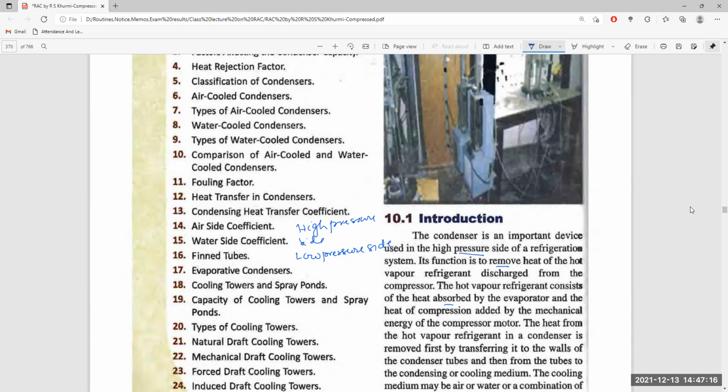So what happens here? At the time of evaporation, the refrigerant absorbs heat from the surroundings of the evaporator, thus reducing their temperature and increasing its own heat content. Hence, it is being compressed, and mechanical work is being done.